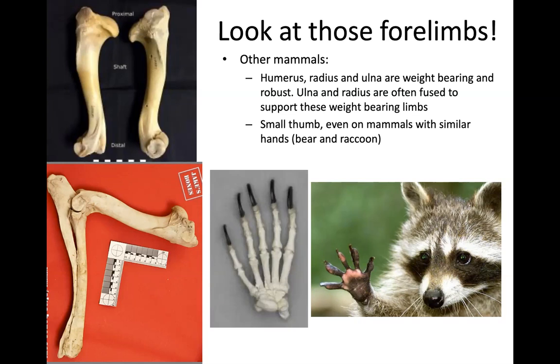A lot of people tend to mix up bear paws with human hands because they're about the same size, and a lot of the bones are roughly the same length. But if you look at the thumb, there's a size difference. It doesn't stick out like a sore thumb, so to speak. Also, the morphology at the tops and bottoms of the metacarpals and the phalanges are completely different between the two.